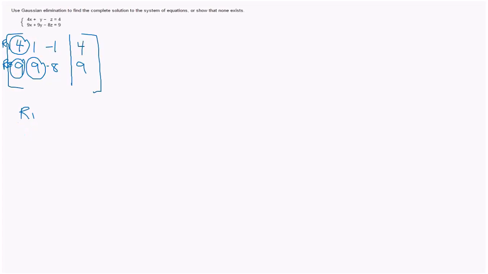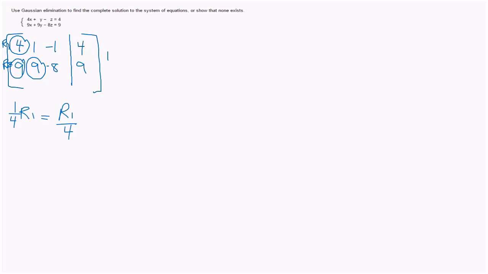Now you're not supposed to use division, so instead of dividing by 4, I'm going to multiply by 1/4, because multiplying by the fraction 1/4 is the same as dividing by 4. And if I divide 4 by 4, that's going to give me 1.